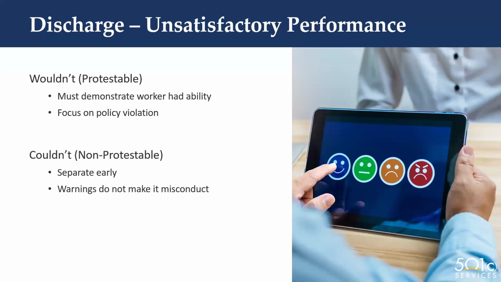So let me give you an example to illustrate the difference between something that might be deemed misconduct versus poor performance. Let's just say you hire an employee and part of their job duties involves them driving a company vehicle. And of course, you have a company policy that says if you have a certain number of vehicle accidents, it's going to result in termination.